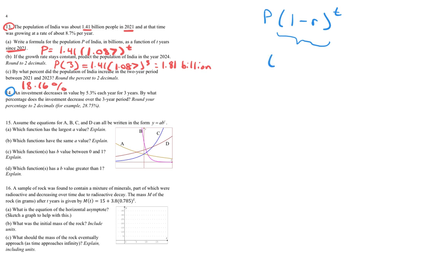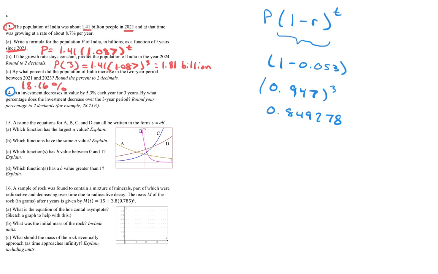So we have 1 minus 0.053, which is going to be 0.947. So we know that each year we multiply by 0.947 to get our new amount. So if we take this and we multiply it to the 3rd power, what we're going to get is 0.849278.